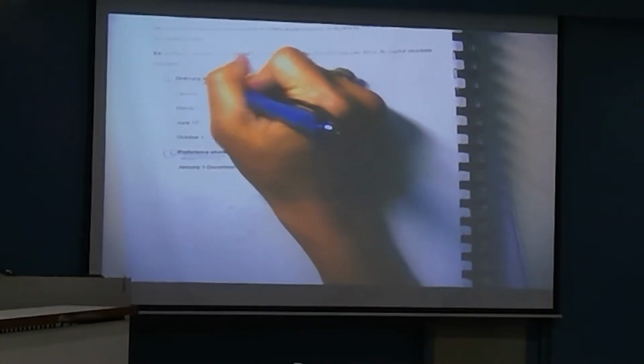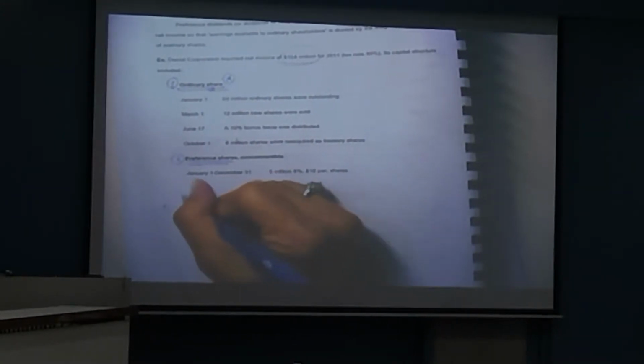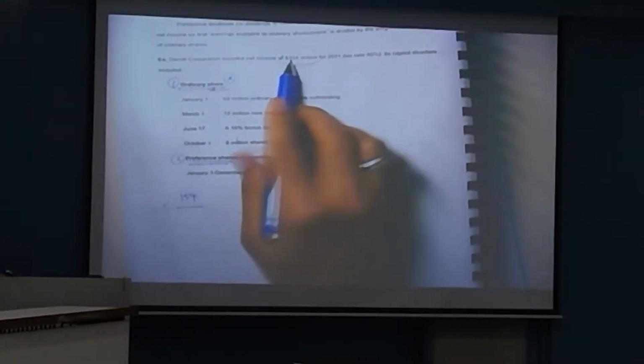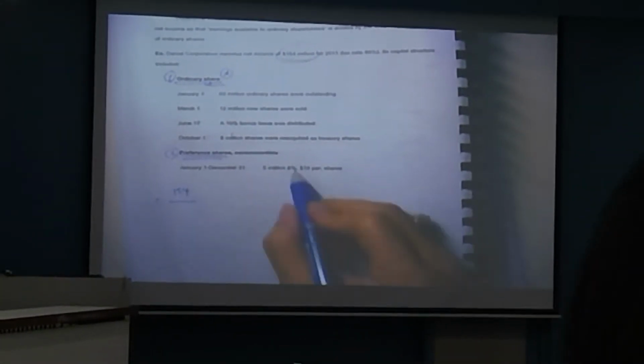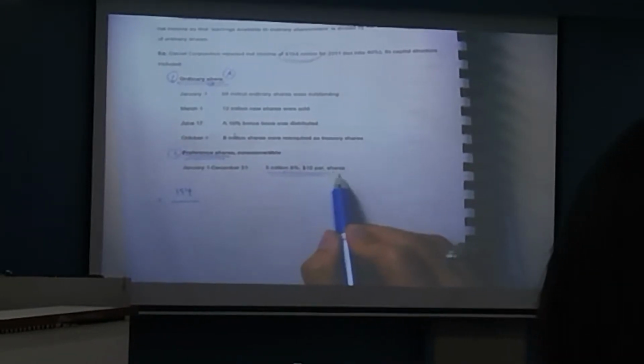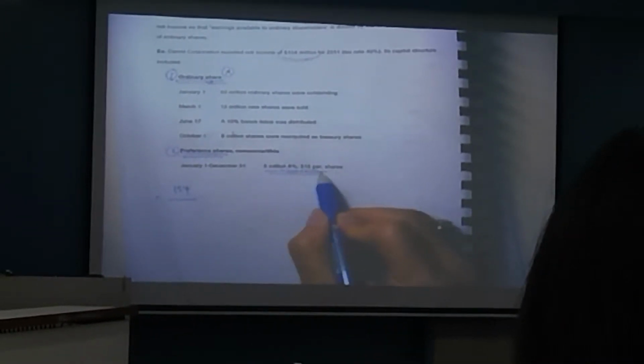So our job is, I want to find the earnings for these particular shareholders only. So I need to give something to this preference share first before giving it to the ordinary share. So in terms of numerator, you got 154 like this. But in terms of preference share, what do you have? You have 5 million shares, 8% of 10 par.